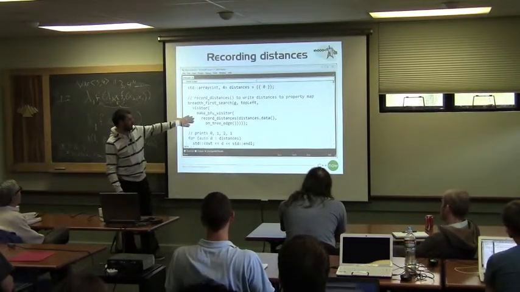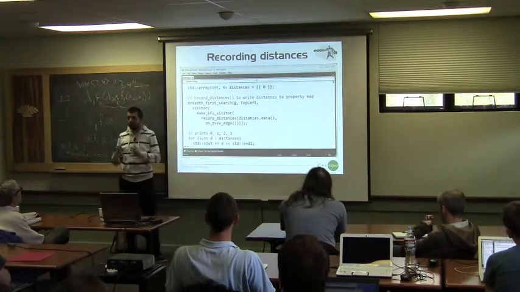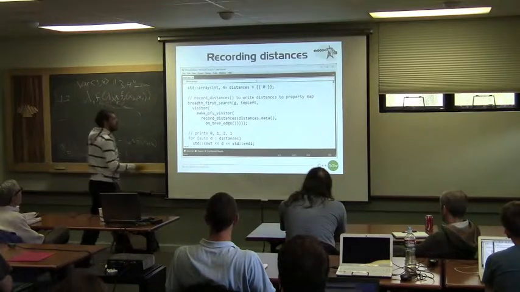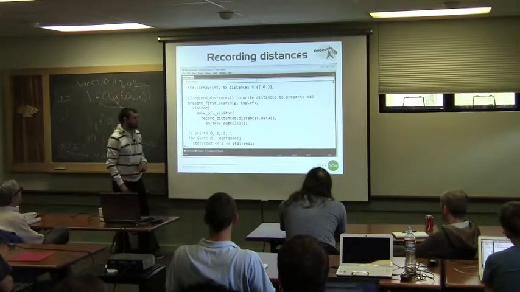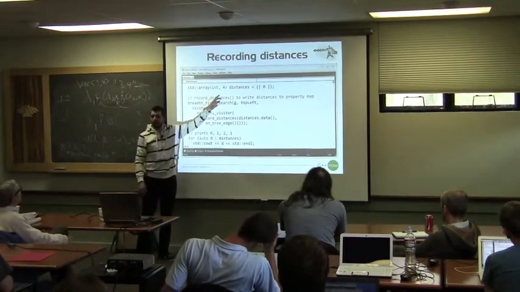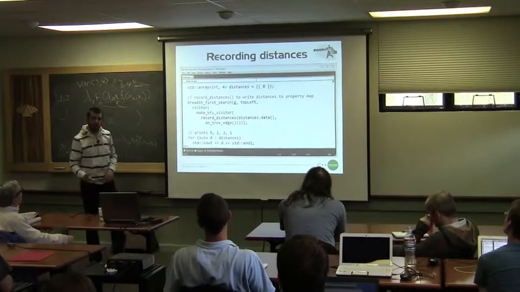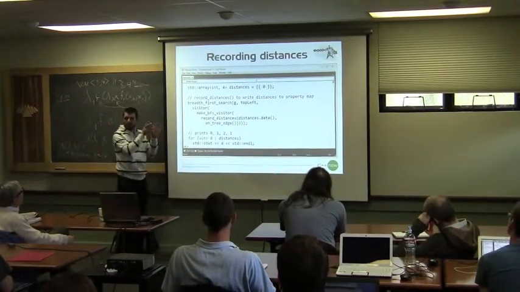Let's have a quick look at record distances. How does this thing work? Record distances needs to put the distances found somewhere. So what I do here, I pass an array to record distances. It is important that this array has also 4 elements, because my graph has 4 elements. What I also need to do, I need to configure again that visitor somehow. You remember that event filter.